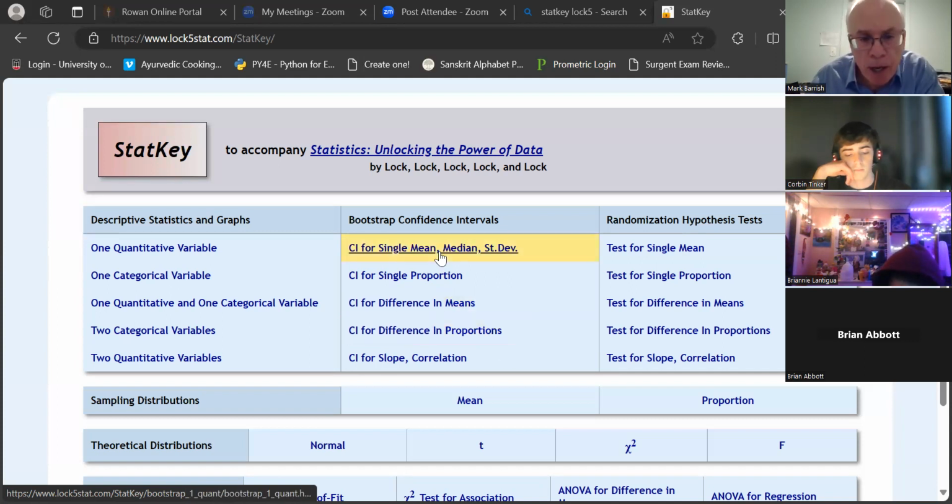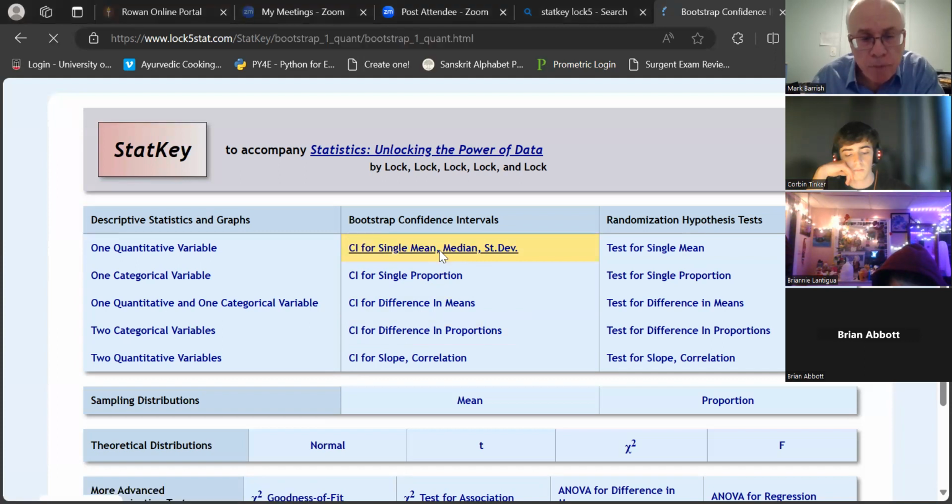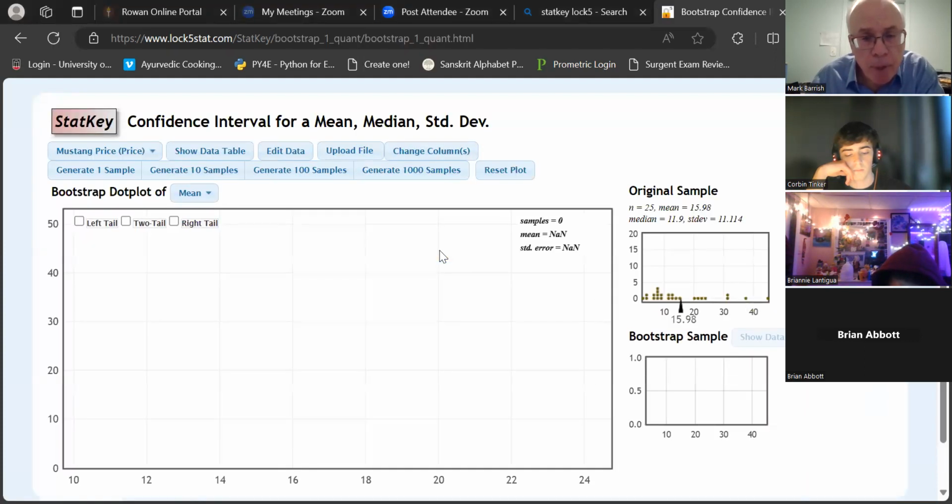So let's look at the confidence interval for a single mean. I'll click that. And this is what it looks like. I'm going to show you basically what's here. All right. So up here where the blue is, they have built in some data sets that are part of the course.